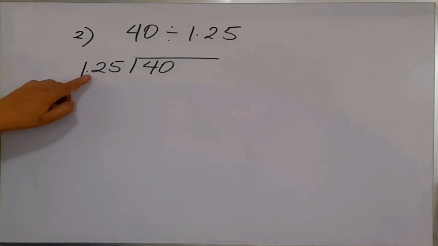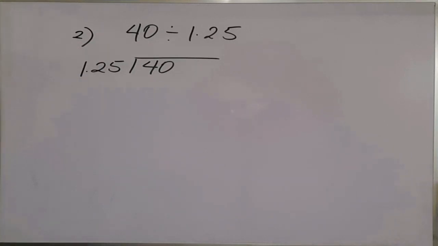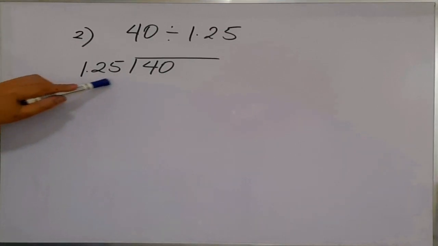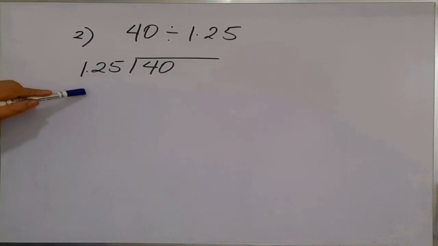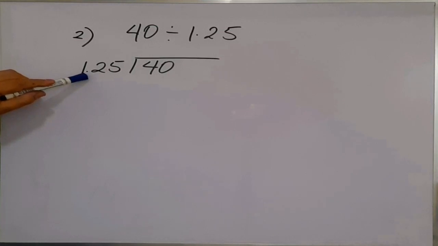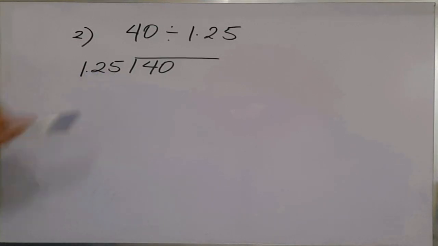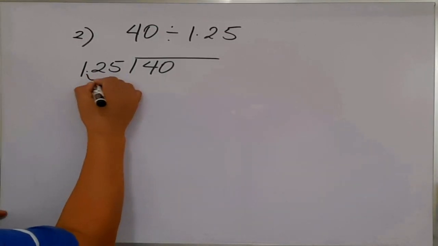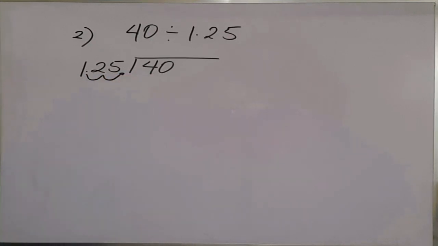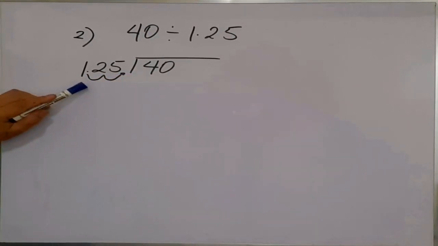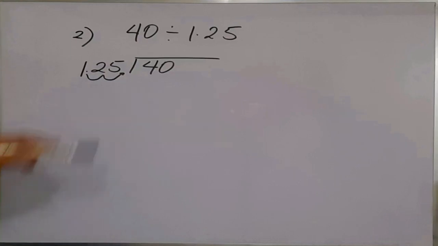That means transferring your decimal point at the end of your last number. In this case, to make your 1.25 into a whole number, you must transfer your decimal point 2 places to the right. So that is 1, 2. Since we move the decimal point 2 places here, we add 2 zeros there.